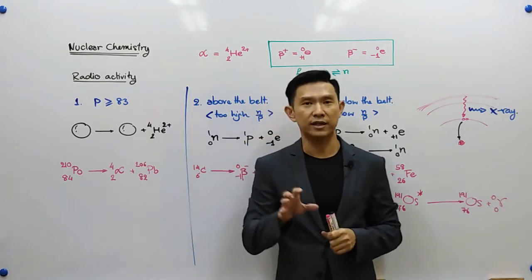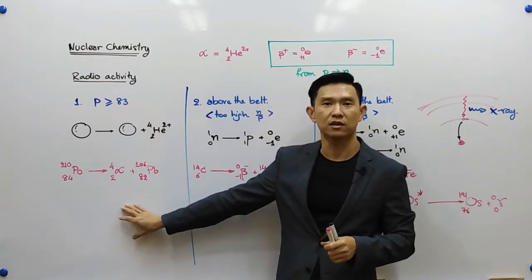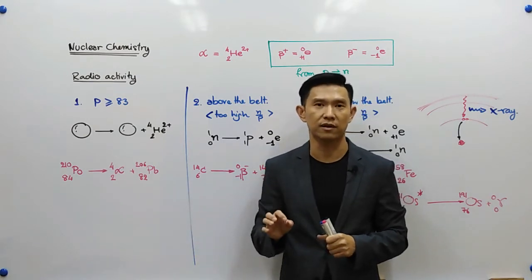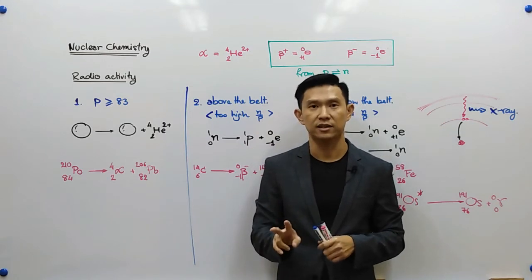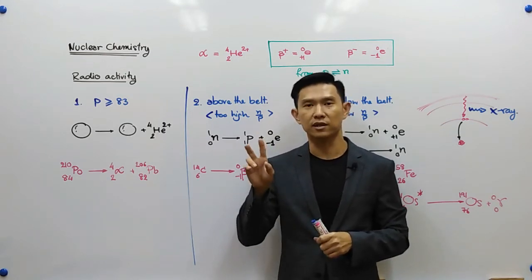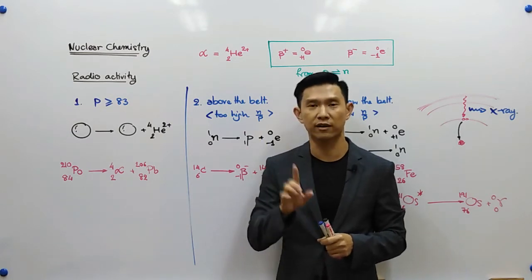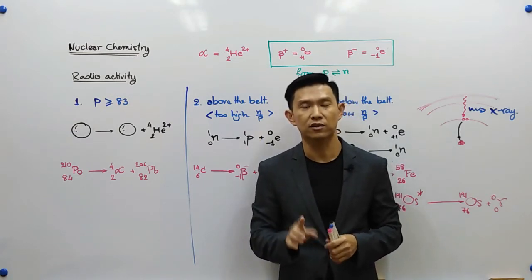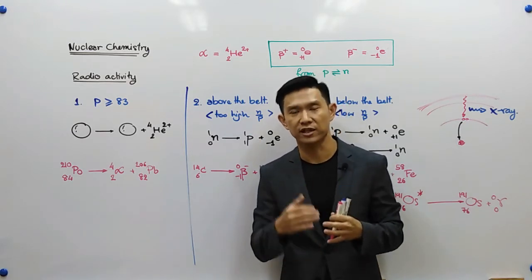So if you're starting from 92, you release alpha particles, you still have a very high number of protons, right? From 92 you have 90. So that means elimination of only one alpha particle is not enough to bring things back down to the stable state of energy.